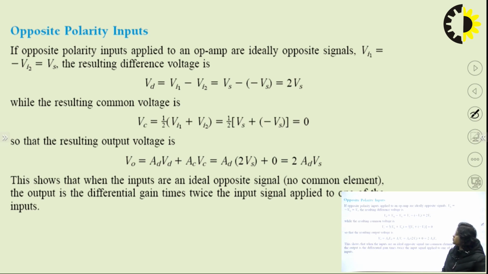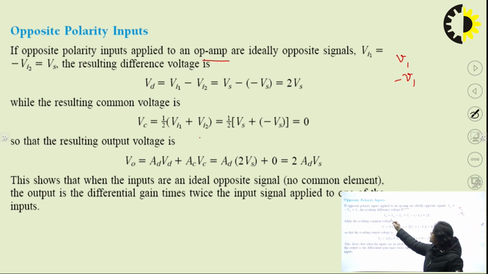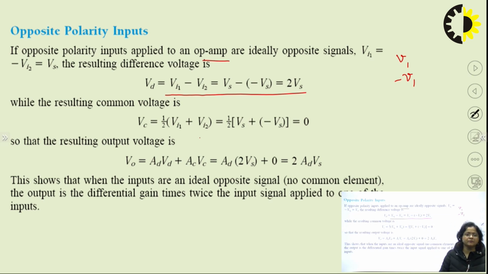So if opposite polarity inputs are applied to an op-amp, that is one input is Vs and the other is minus Vs, then the difference of these two inputs is equal to 2Vs, whereas the common mode value is equal to 0. So the resulting output voltage is AD into 2Vs, that is, differential gain multiplied by twice the input voltage.